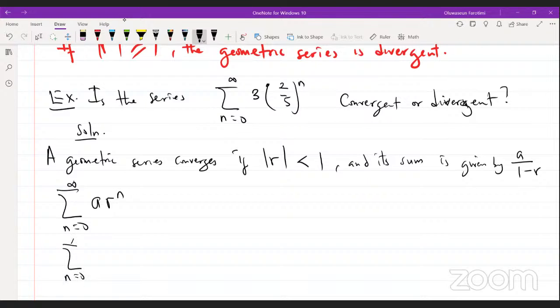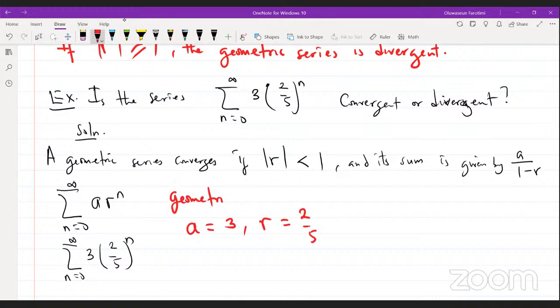The question is the sum from n equals 0 to infinity of 3 times (2 over 5)^n. Now, can we compare this general form with this one? That means this is 3, and your r is 2 over 5. So this is a geometric series with first term equal to 3 and common ratio 2 over 5.